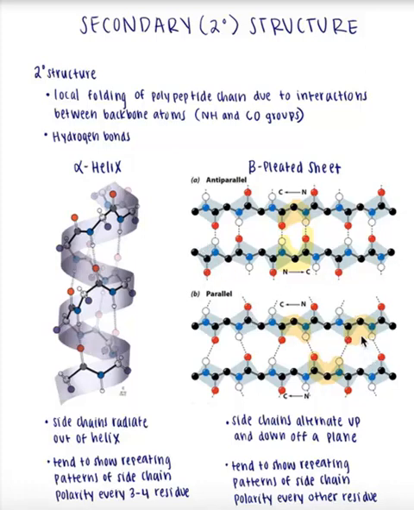In parallel, they're both going the same direction, so both of these are going from N to C. Another difference to note between the 2: in anti-parallel, as I've marked here, one amino acid is going to touch one other amino acid in the row next to it. For parallel, one amino acid will bind to 2 separate amino acids in the row next to it. Also, in comparison to the pattern of the alpha helix, the beta-pleated sheets show patterns of polarity every other residue.